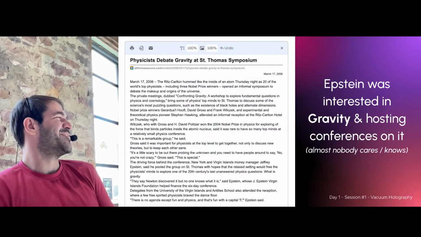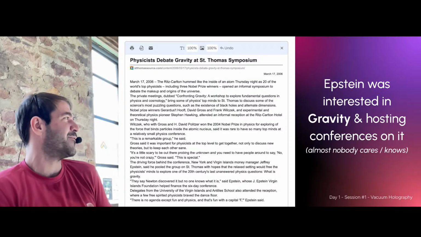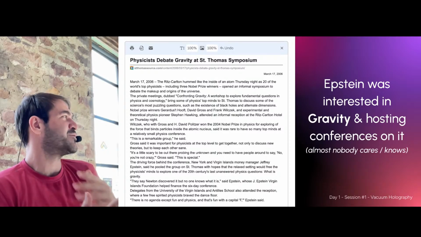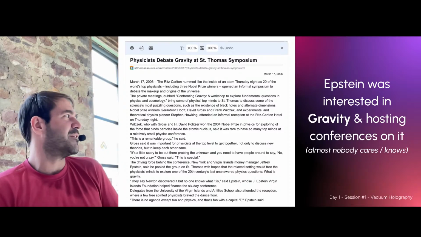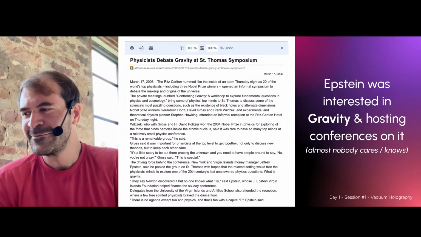We're interested in gravitational physics for some reason, while none of the rest of the world has any funding for gravitational physics. So it's a very interesting little puzzle and rabbit hole that you can follow down and investigate.